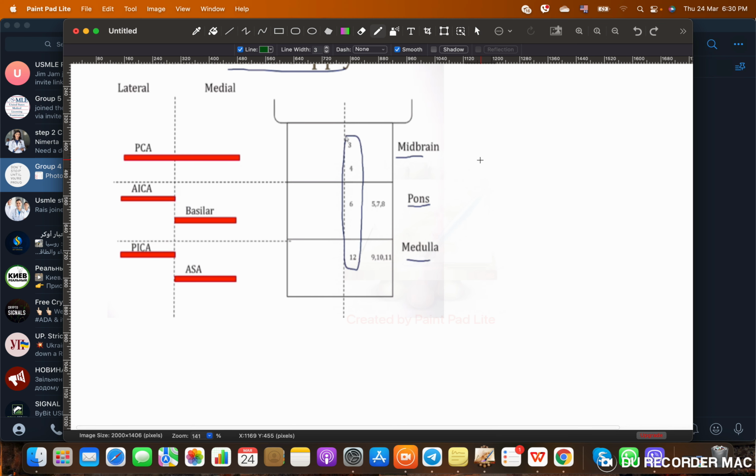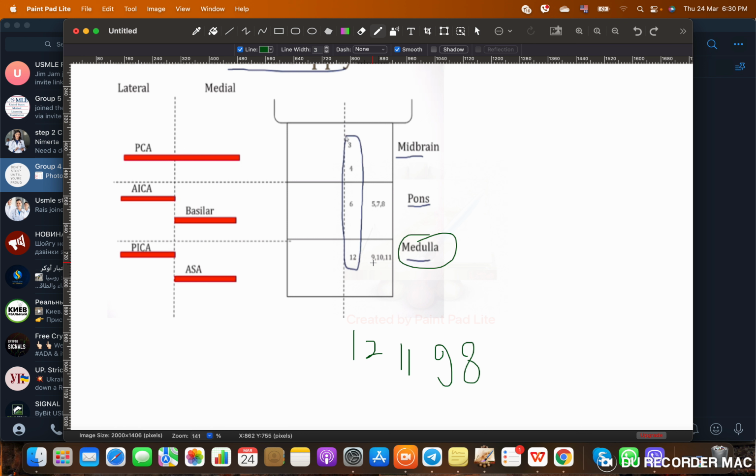If you remember, we said cranial nerves 12, 11, 9, and 8, all of them come from the medulla. As you can see here, the only one that originates medially is the one that divides by 12. Which one? This one. So you can see that it originates medially while the others originate laterally. Okay? Good.